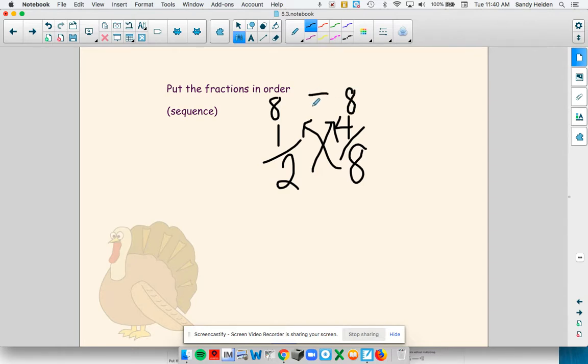These are equal because they're the same number. Let's try just a couple more of those.